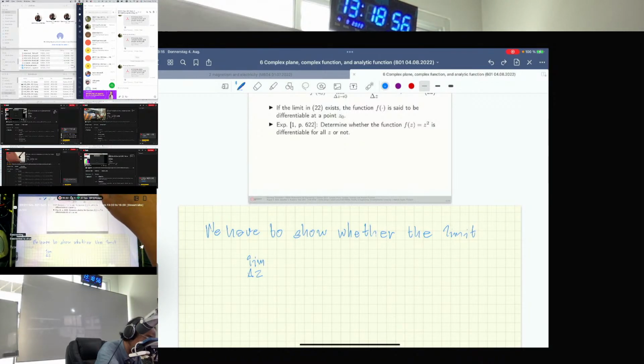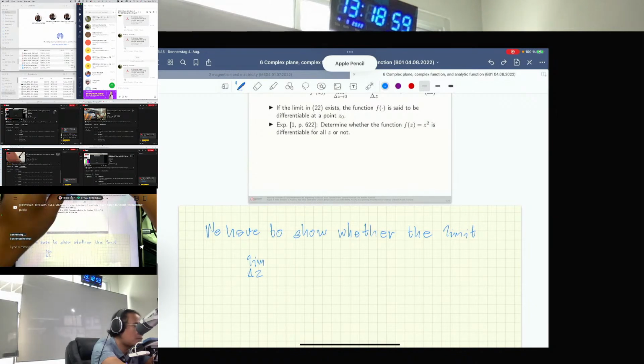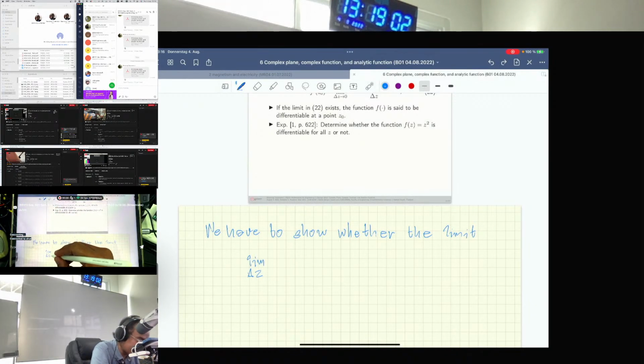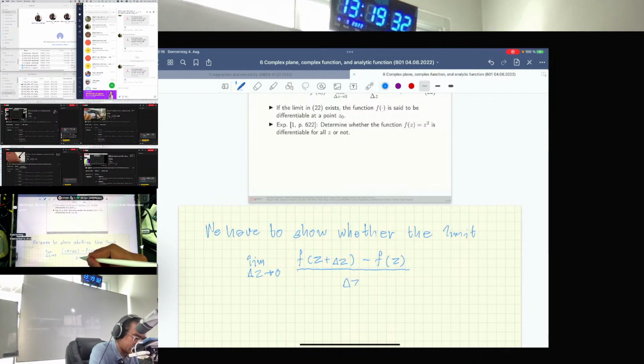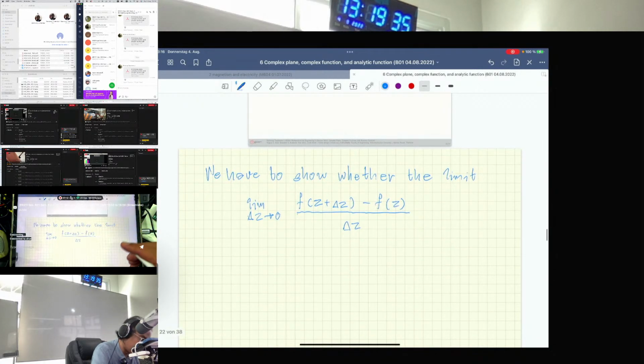Hey, why isn't it connecting? Okay, delta z tends to 0, and the numerator is f(z plus delta z) minus f(z), divided by delta z. Okay, and you know that f(z) is z squared, right?